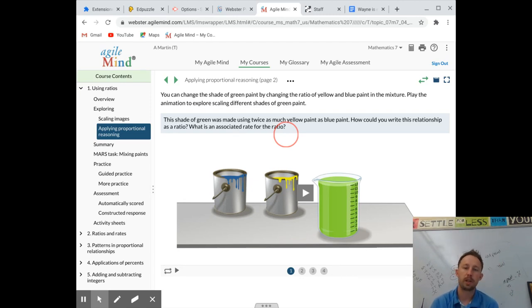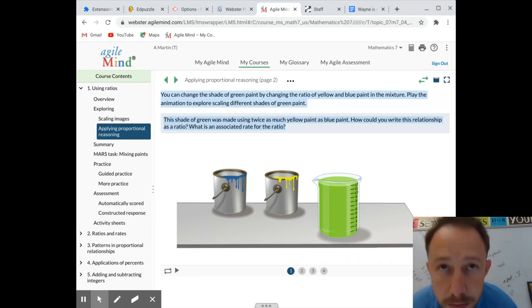So if you would, Tamarian, will you read what is highlighted in this gray here, please. All of this would be perfect. You can change the shade of the green paint by changing the ratio of yellow and blue paint in the mixture. Play the animation to explore scaling different shades of green paint.